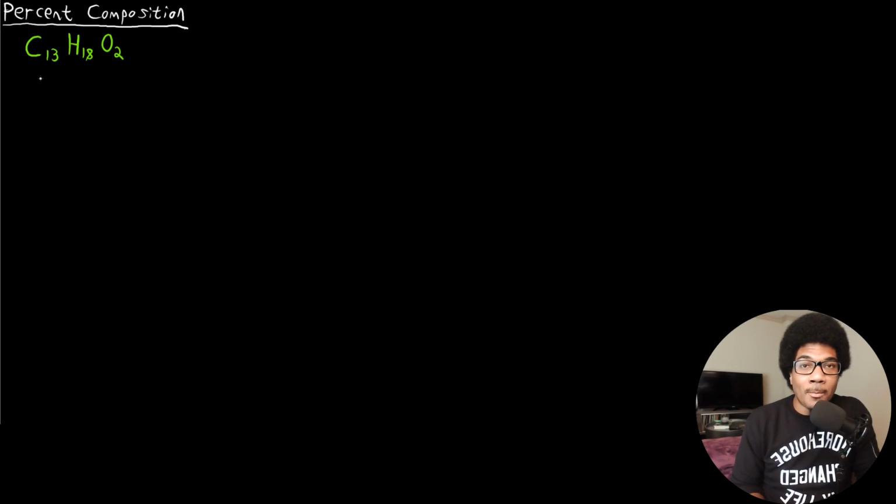However, when we looked at the mass, there was a very different picture, right? So C13, so 13 carbons, had the mass of 156.13 grams. Those 18 hydrogens had the mass of 18.14 grams, and the 2 oxygens had a mass of 32 grams.